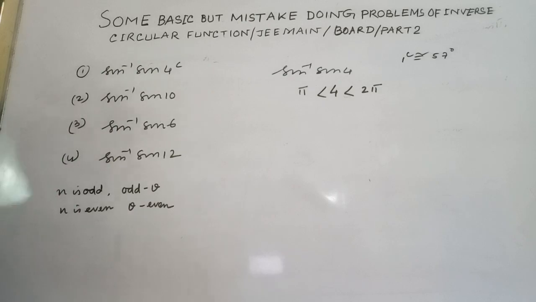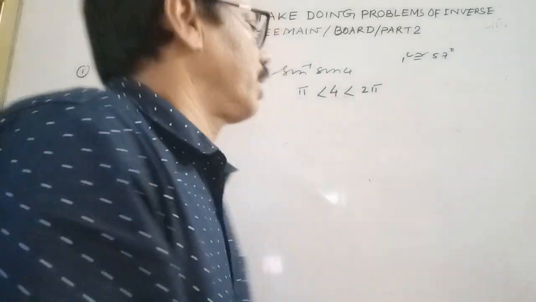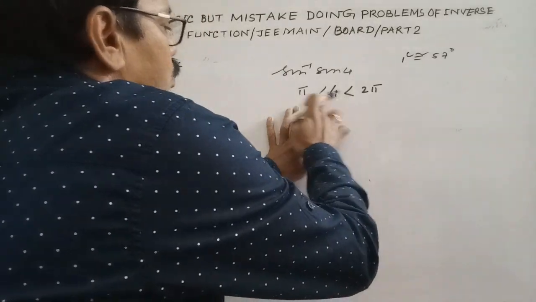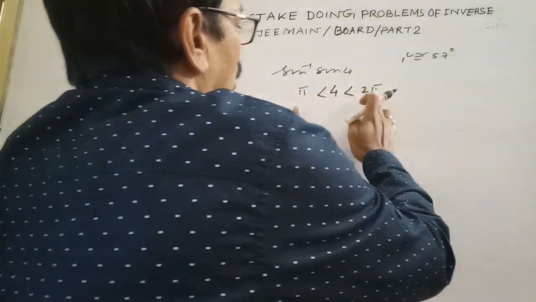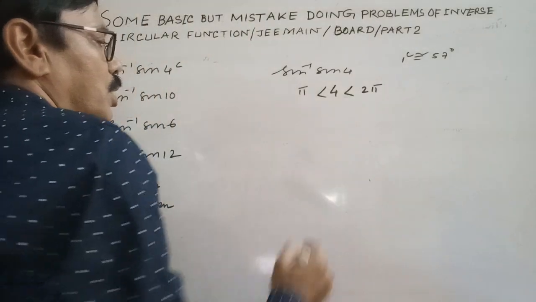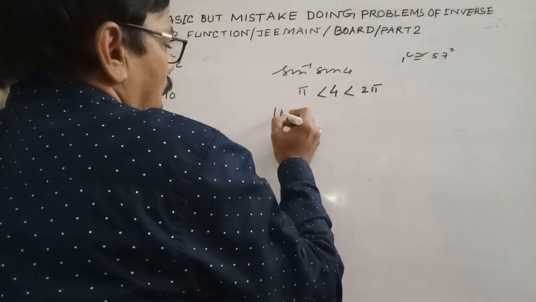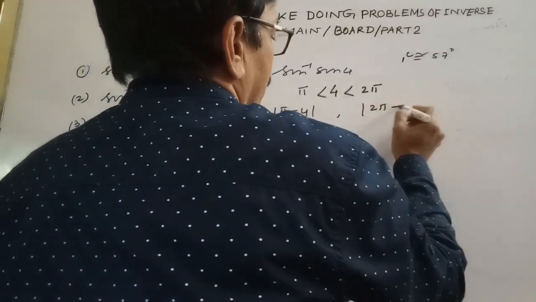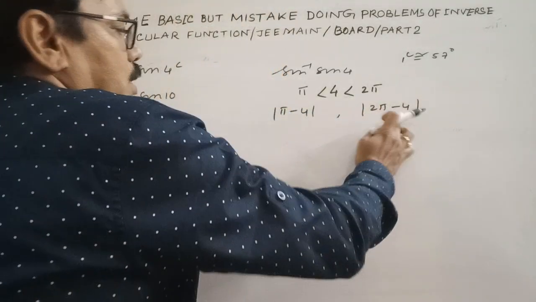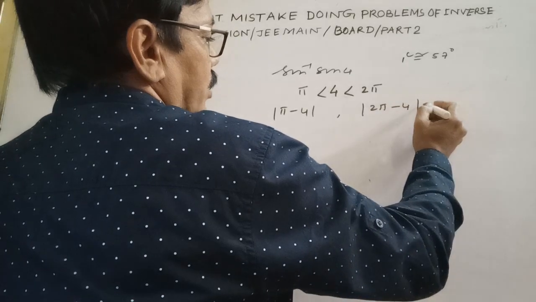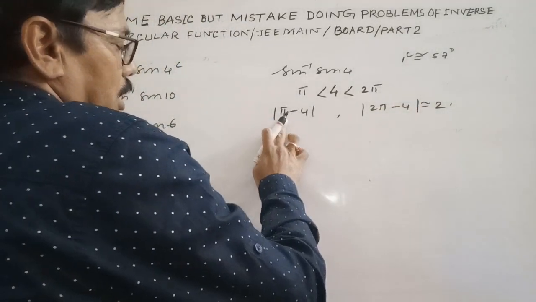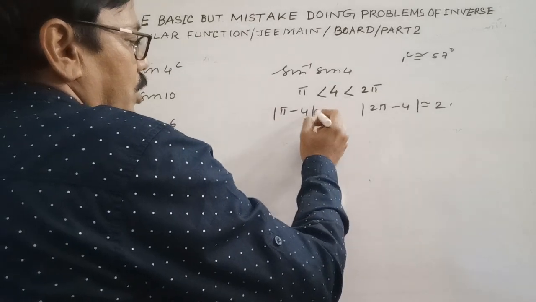Now you have to take the difference. Which one is nearer to 4? Pi minus 4 or 2 pi minus 4. So pi minus 4 and 2 pi minus 4. This is 6 point something, so approximately 2 point something, and this is 3.14, so 3 point something.